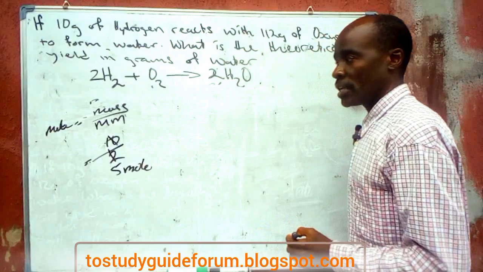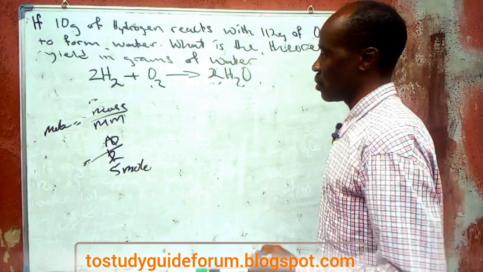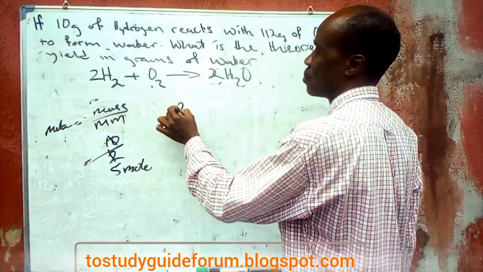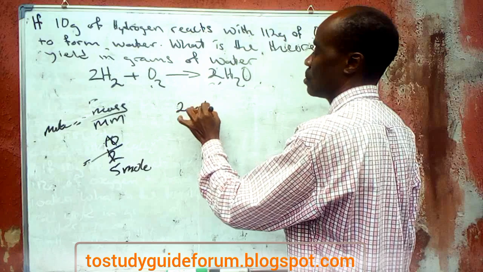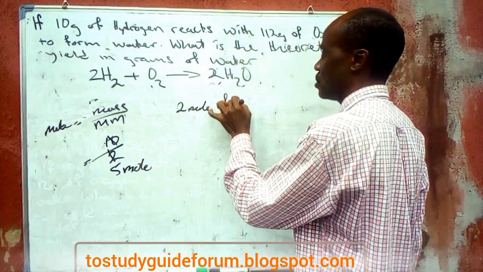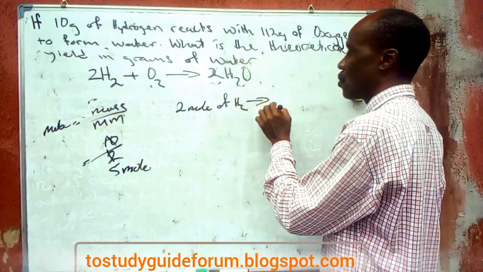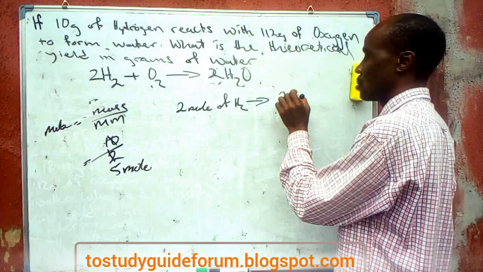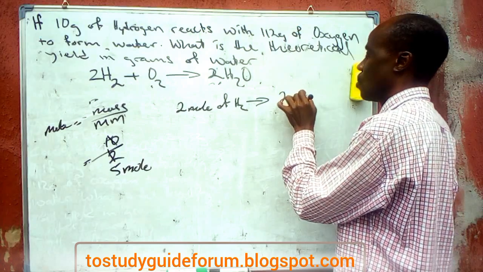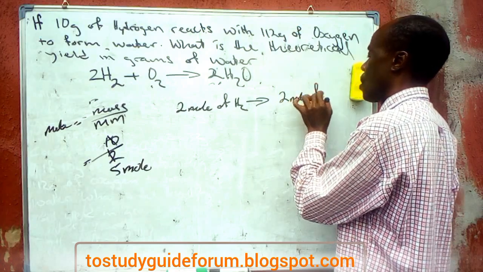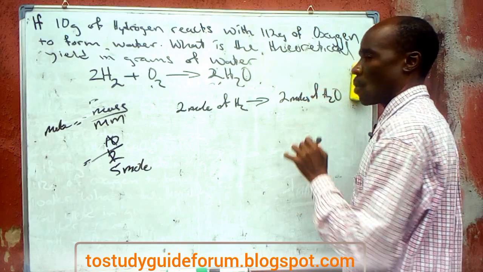Now, relating it to what we have in the chemical equation, we find out that 2 moles of hydrogen will produce 2 moles of water.